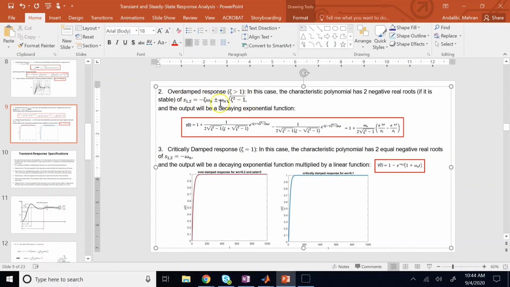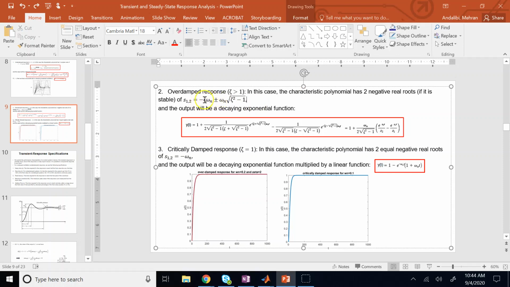Which one? Clearly, this negative zeta omega n is a negative number, and the second term now is a positive number because zeta is bigger than 1. So the first term is negative, the second term is positive. Which one has the bigger absolute value?